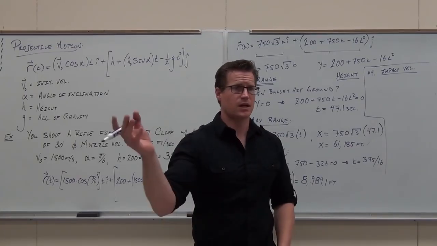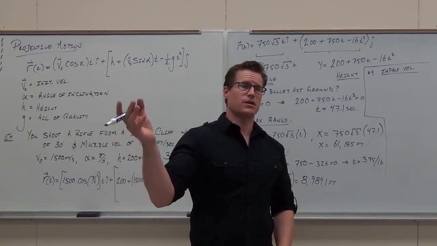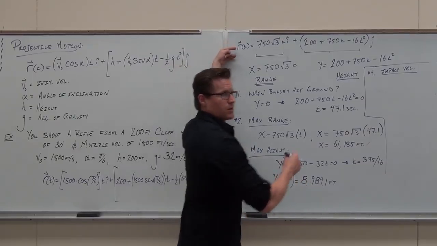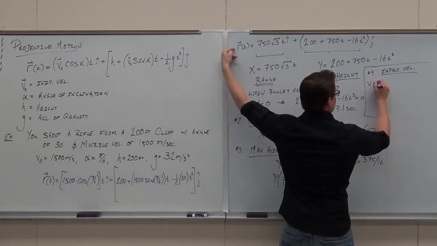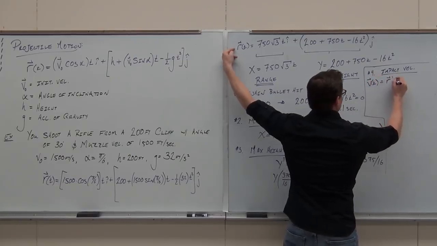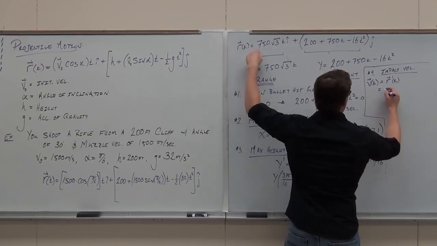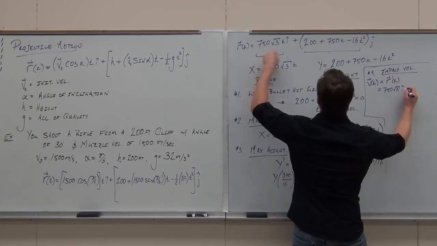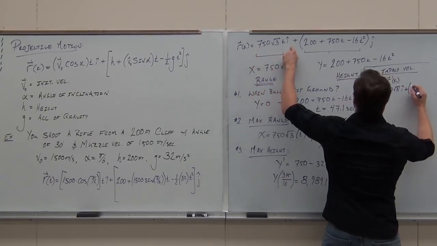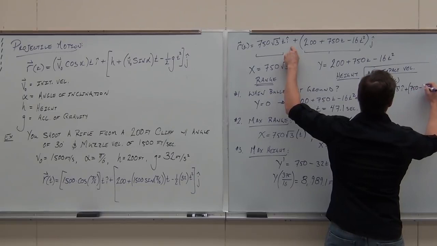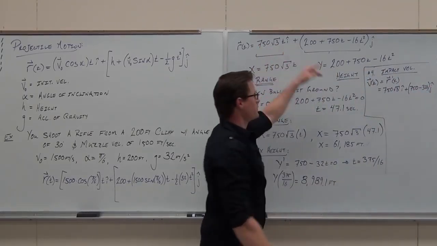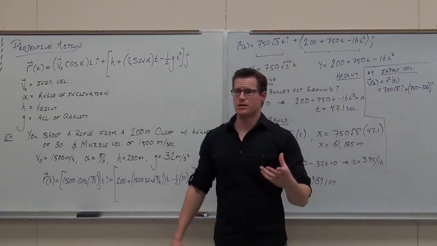Okay, absolute value of velocity is absolutely right. What's going to give us velocity then? So if we take the first derivative of this guy right here, that right there gives us velocity.